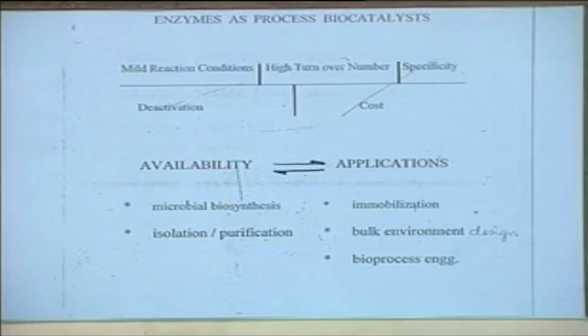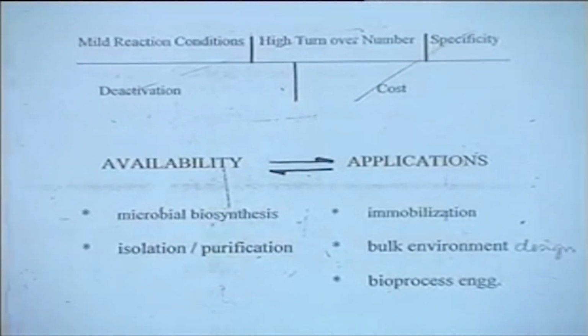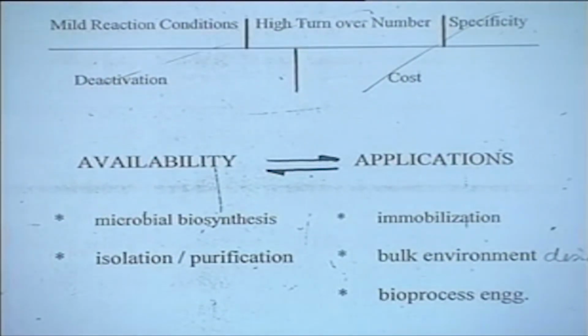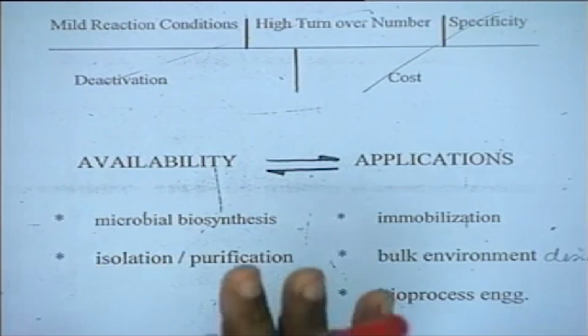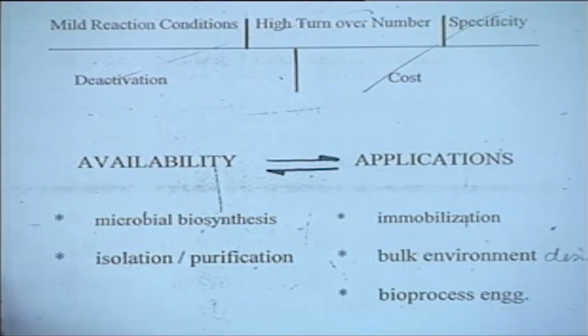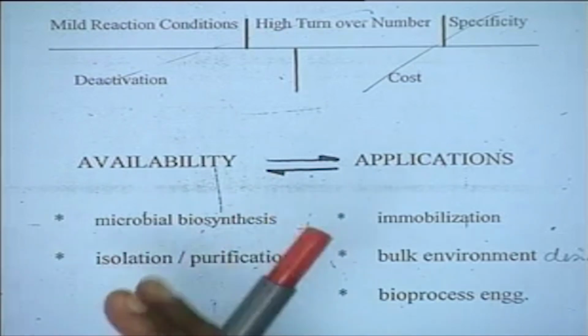Now, if you look at some of the aspects of enzymes as a process biocatalyst, a very broad picture which refers to the role of enzymes as a biocatalyst, we must be aware that all these enzymes function at the ambient conditions, at the conditions at which living cells are known to live. Of course, there might be some exceptions.